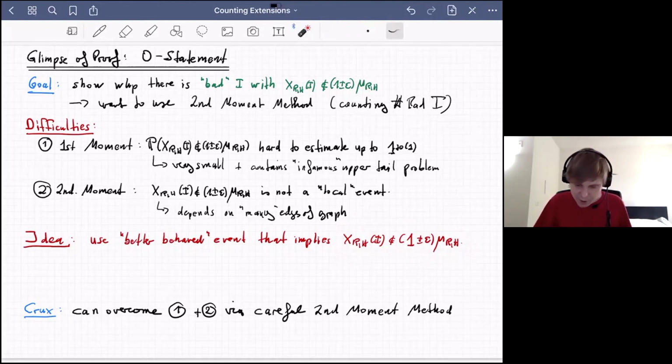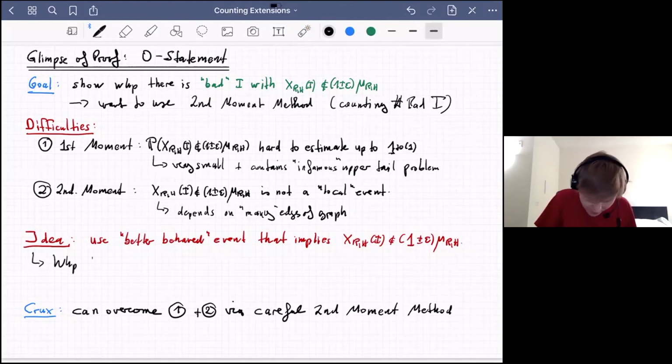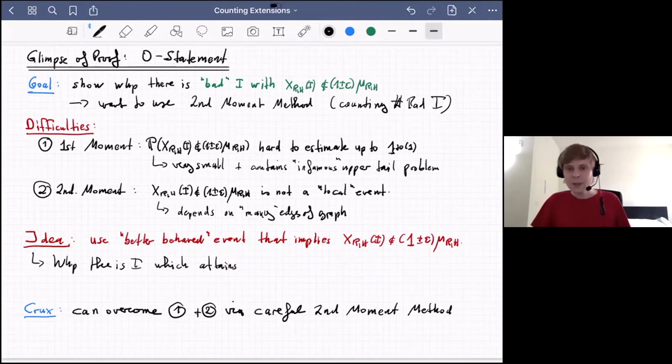So in other words, we're going to show that some event holds with probability 1 minus o(1), which just implies this event. And so here, one way to express this is that with high probability, there is an i which attains this due to some very special reason. In the range where we need to prove things, we basically show that this is attained in some very special way.